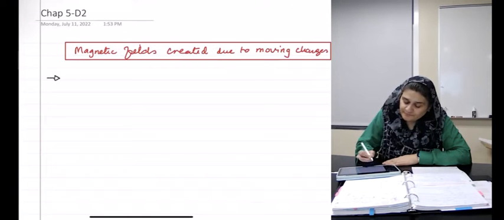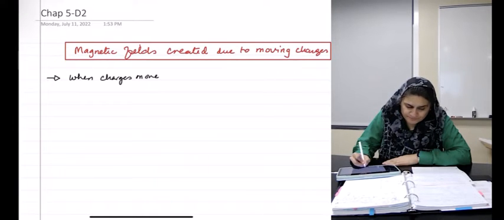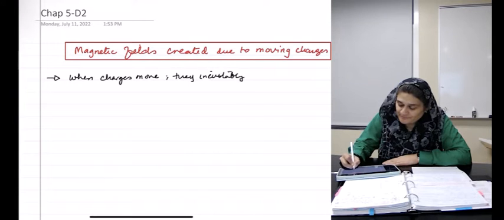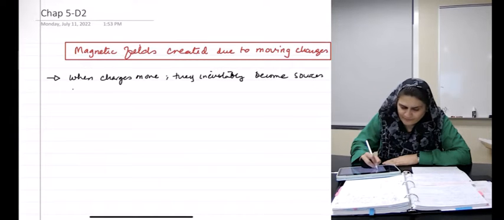So when charges move, they inevitably become sources of B fields.